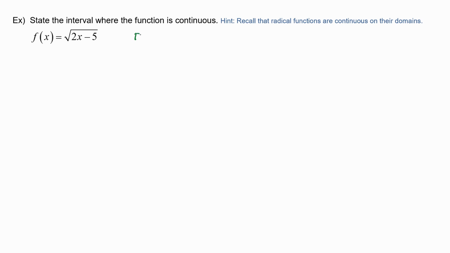So then let's analyze the domain. We know that what's underneath the radical, 2x minus 5, has to be greater than or equal to 0, which means 2x has to be greater than or equal to 5, which means x has to be greater than or equal to 5/2.